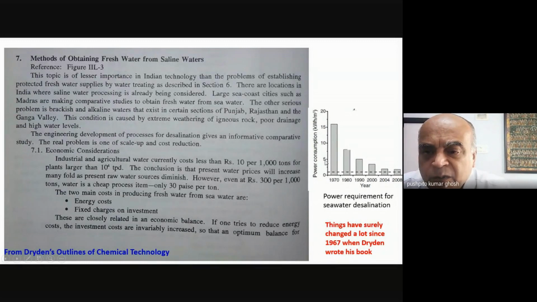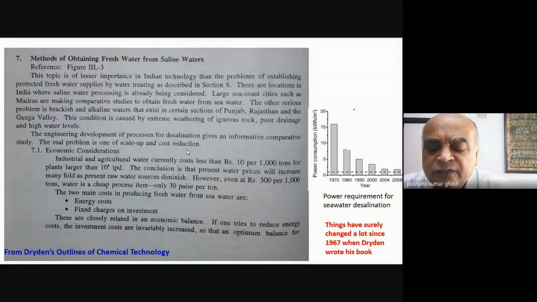The standard will be more around maybe 5 to 6 around here. But whatever it is, you are talking about close to a factor of 3 to 4 improvement in terms of energy reduction. So there have been massive improvements in this technology. So this has come down, and water today is valued much more.